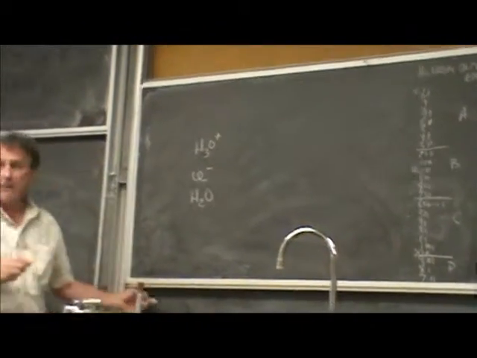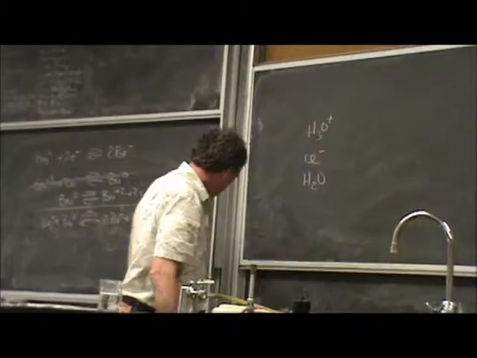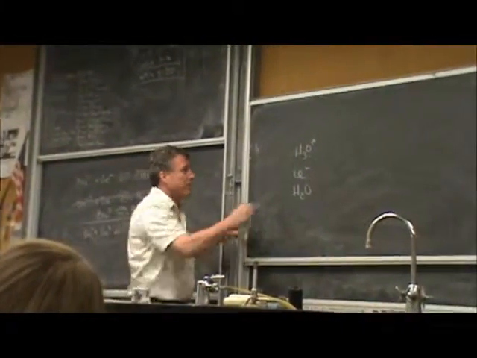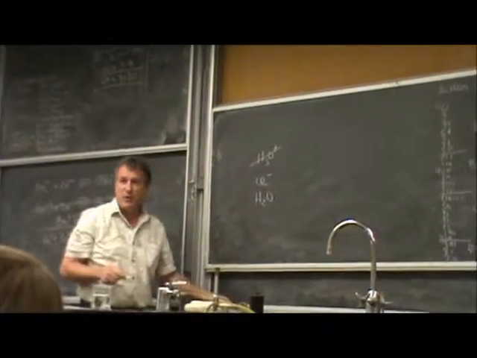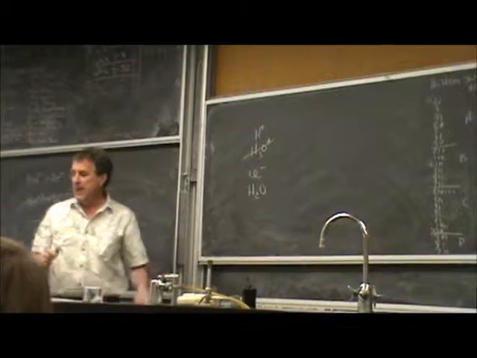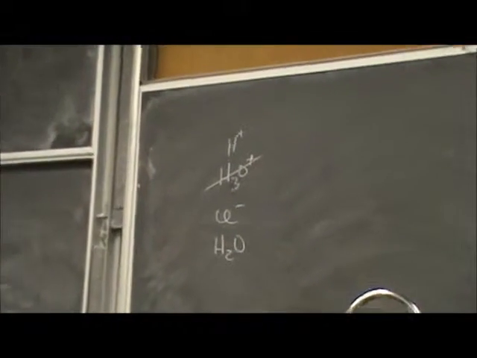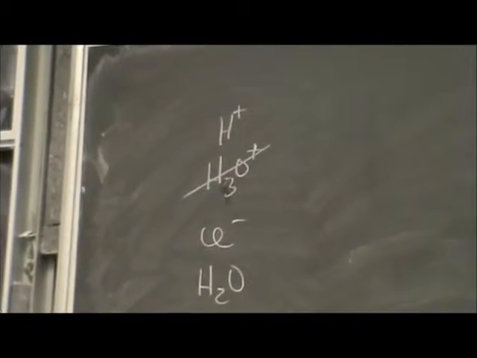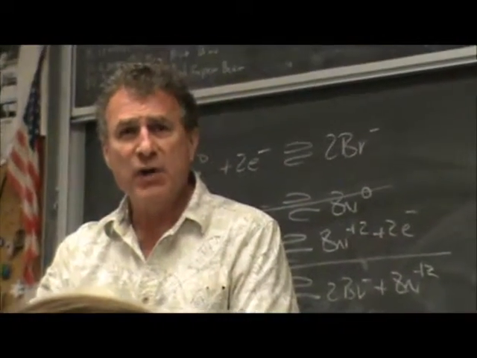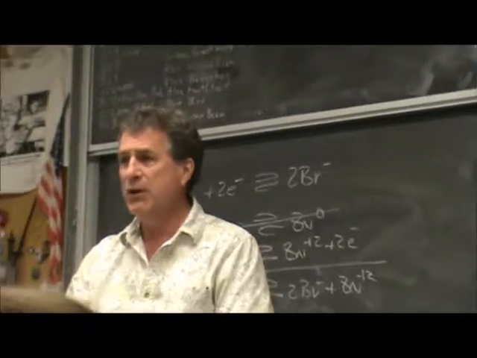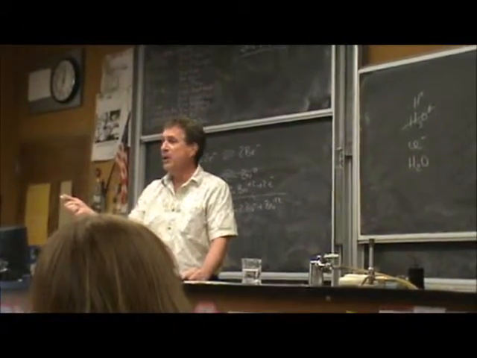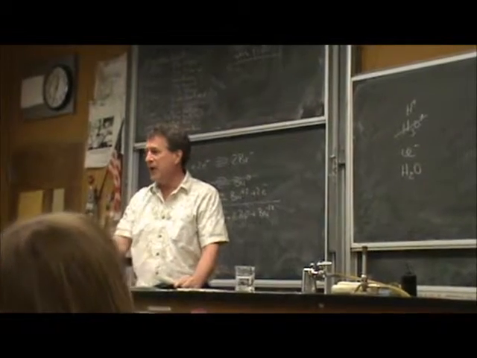Now, first of all, when we do oxidation reduction reactions, I know this is going to be confusing, we don't talk about hydronium ions, we talk about hydrogen ions. Because in an oxidation reduction reaction, what can happen to a hydrogen ion? Good. Gain electrons to become neutral hydrogen molecules, or neutral hydrogen molecules could lose electrons to become hydrogen ions.